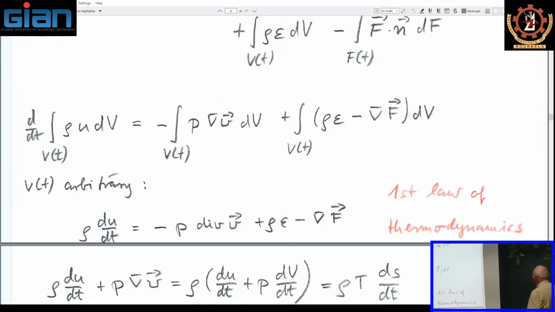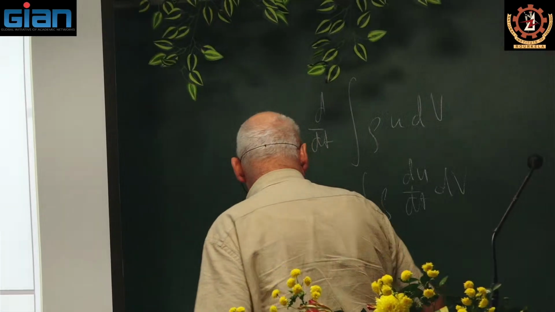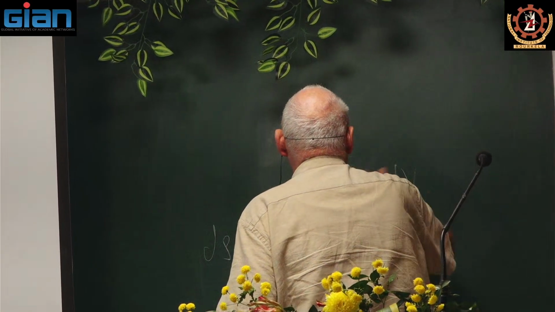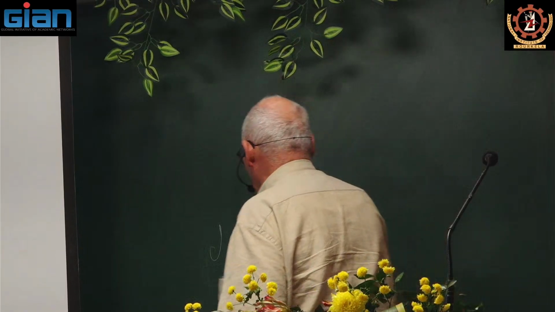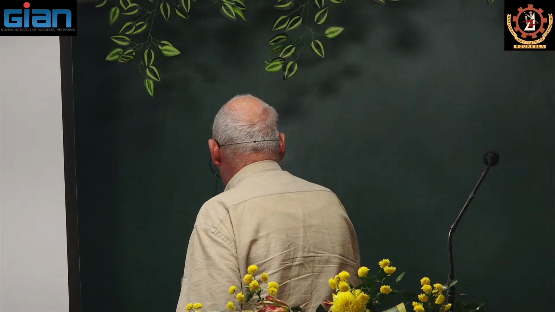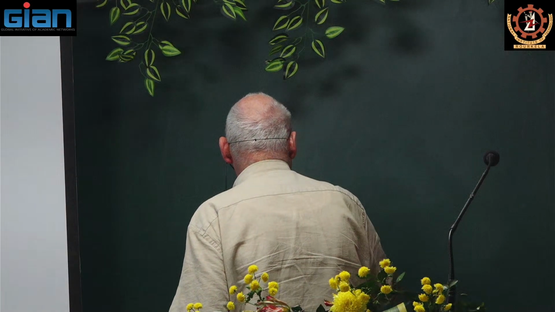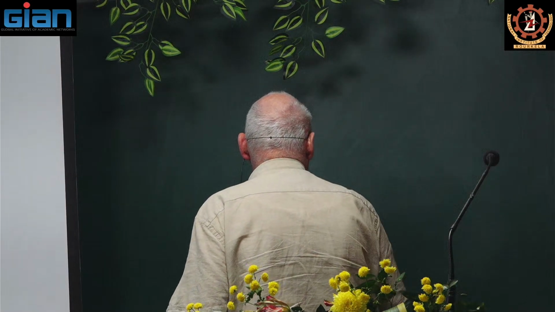Well, we have the Lagrangian form: d rho by dt plus rho times the divergence of V is 0.